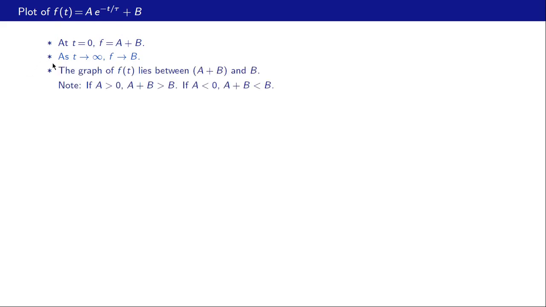From these two observations, we conclude that the graph of f of t will always lie between a plus b and b. If a is positive, then a plus b is going to be greater than b, and otherwise it is going to be less than b.